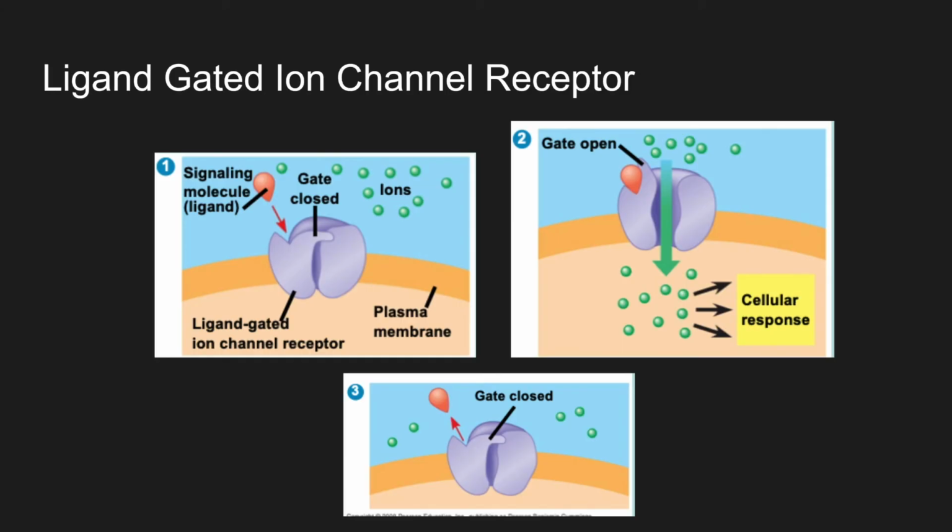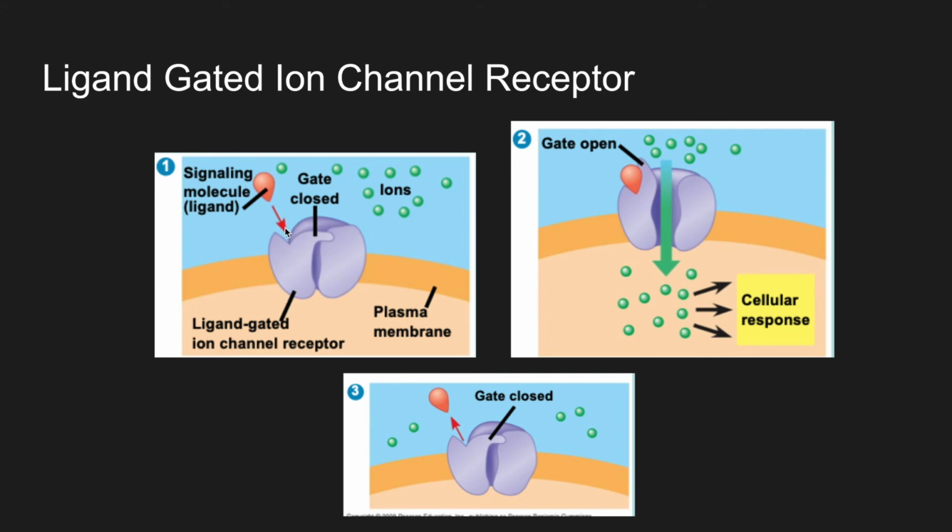The next type is fairly straightforward and very general, is your ligand-gated ion channel receptor. So ligand-gated means, again, that the binding of a ligand is going to determine if these ions can come through or not. So in this case, you have a signaling molecule, a ligand, come and bind to this ion channel, and that is kind of like a gatekeeper.